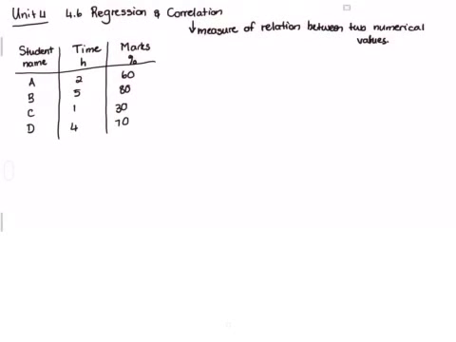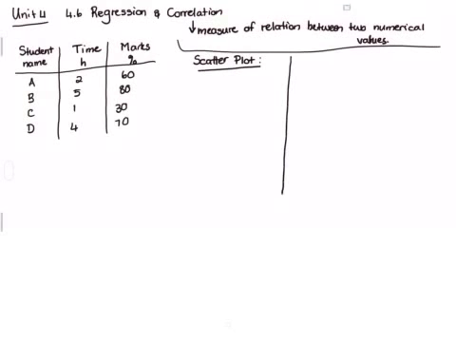So what we're going to do now is draw a scatter diagram or a scatter plot. A scatter plot is where you take the actual results that you got and you compare them. So obviously the student names are completely irrelevant.